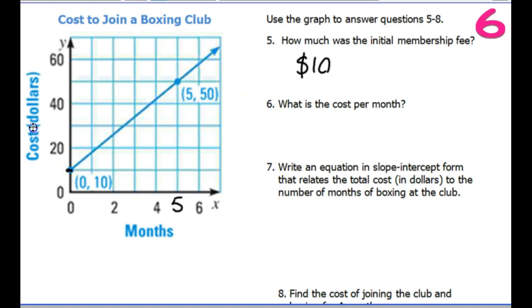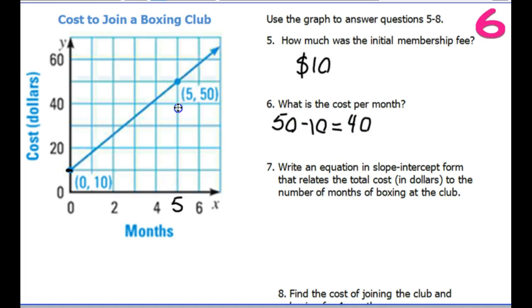Sorry, not 50 divided by 10, we're going to do 50 minus 10, because we started at 10, so we need to subtract that 10 from our 50. So 50 minus 10 then would be 40, and so we spent $40 over 5 months.